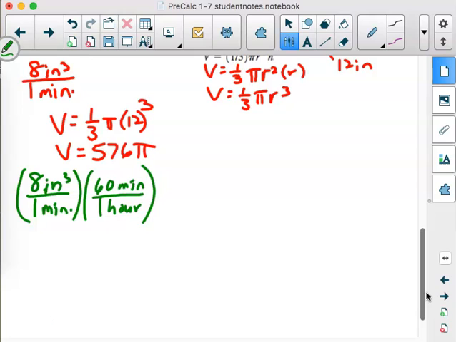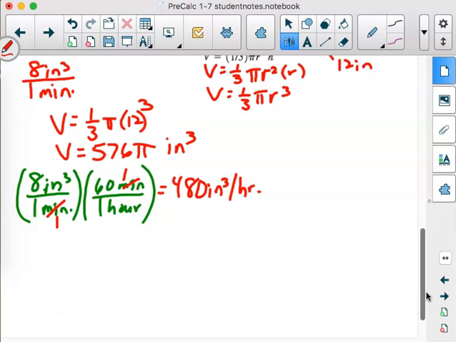And we're going to use unit analysis or dimensional analysis. The name's not particularly important here. It depends on whether or not you're doing math or science. And we're going to say the minutes will cancel out. And we'll have cubic inches in an hour. So this will come out to 480 cubic inches during that hour. So it was already at 576 pi cubic inches.